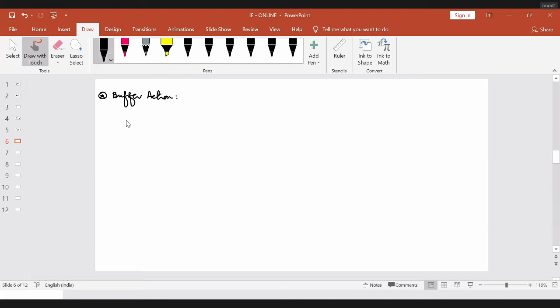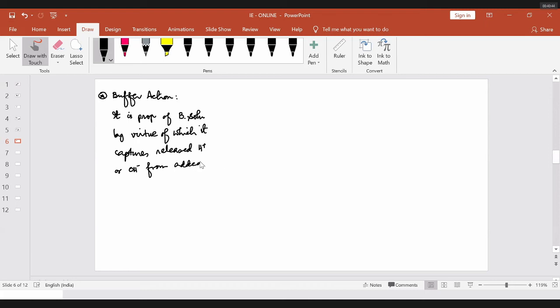Buffer action means it is the property of a buffer solution by virtue of which it captures released H plus or OH minus from added strong acid or strong base, resulting in weak electrolyte.